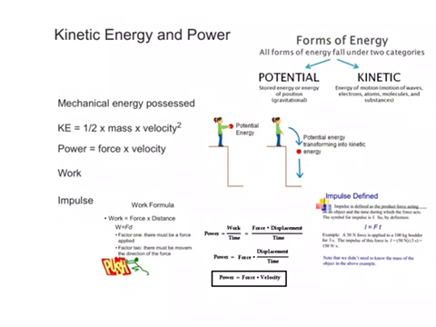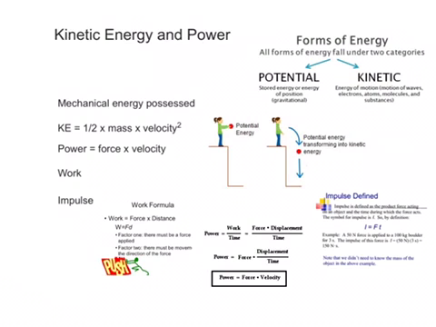We also have power, which is force times velocity. So the force that we're looking at is the work we're doing. So work is force times distance. So how much force was applied and how far the object's going to move.